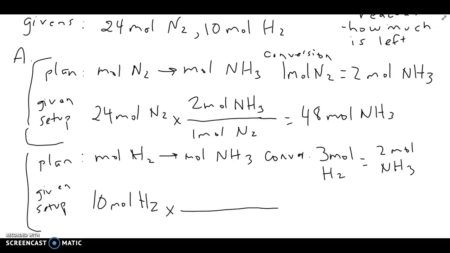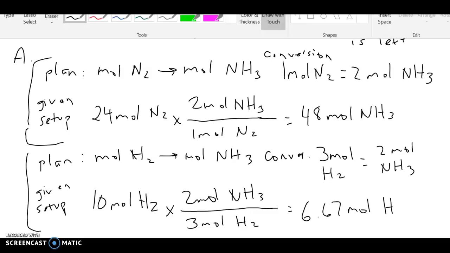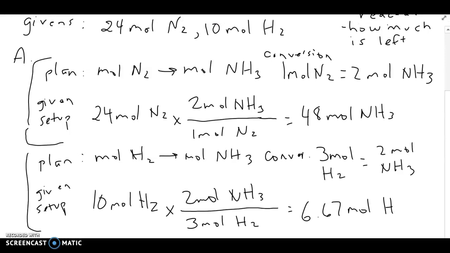So we put 3 moles of H2 on the bottom and 2 moles of NH3 on the top. And so therefore we get an answer of 6.67 moles of product, which is the NH3.